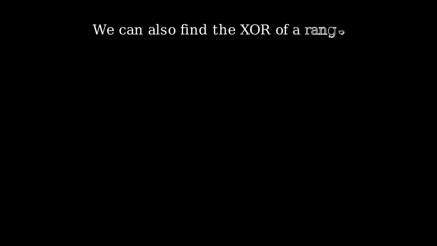Another application is that of finding the XOR of a range. So if you don't know, the XOR is a binary operation that is equal to 1 if the two bits are different, otherwise it is equal to 0. So 1 XOR 1 would be equal to 0 because 1 is equal to 1, and 1 XOR 0 would be equal to 1.